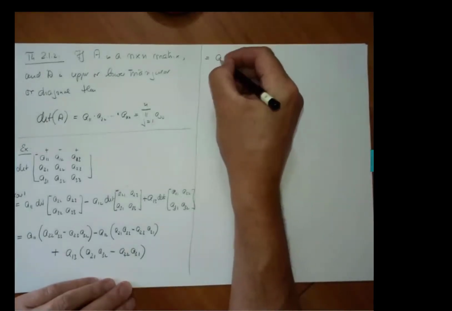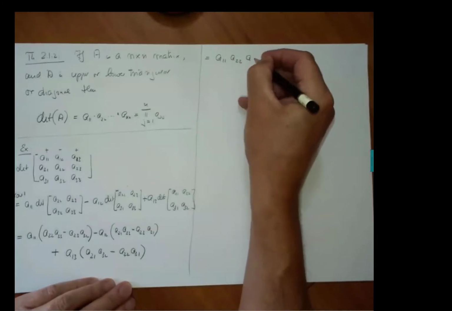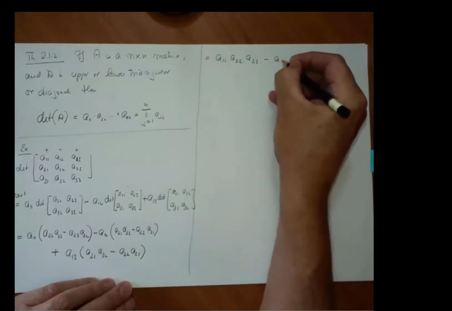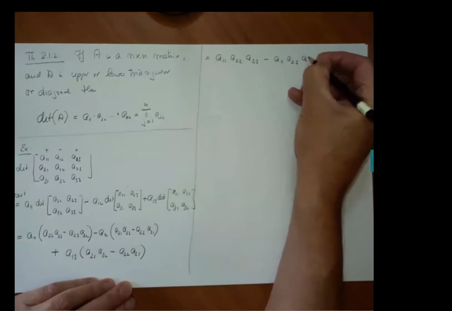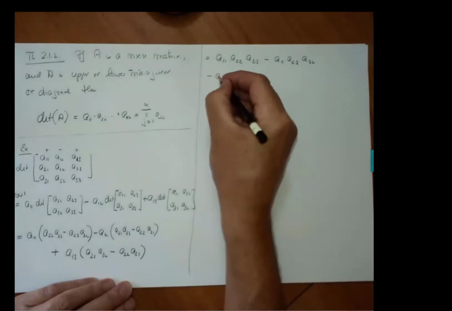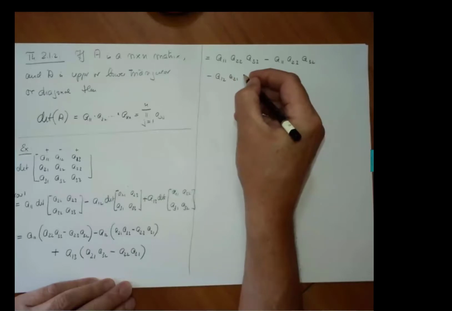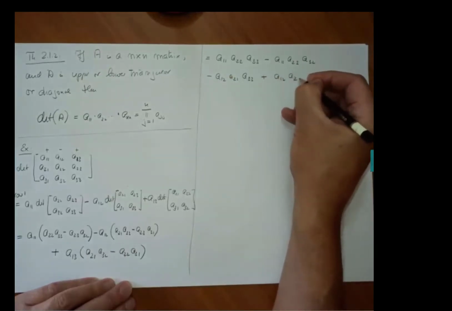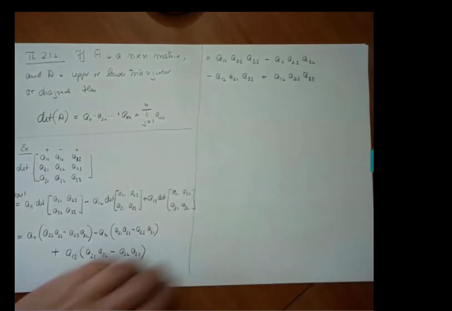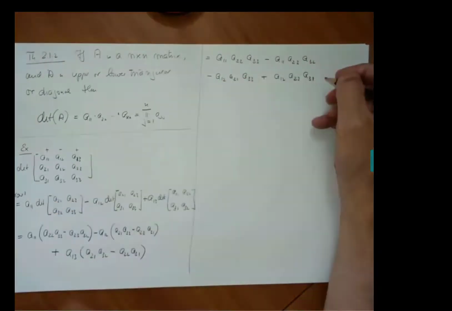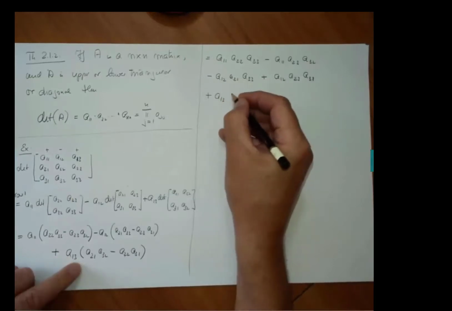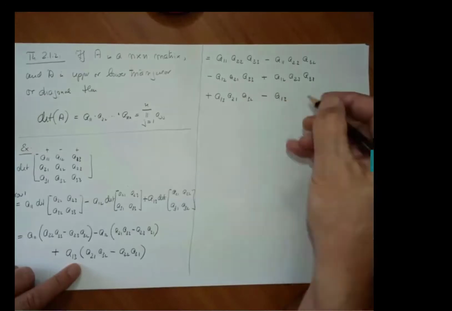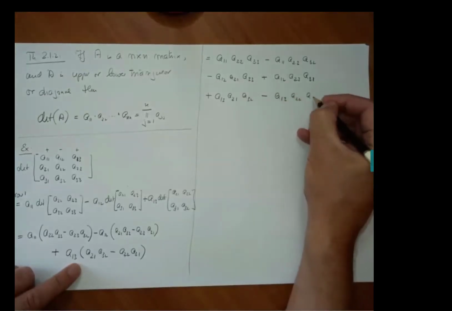We have A11 A22 A33, minus A11 A23 A32, minus A12 A21 A33, plus A12 A23 A31, plus A13 A21 A32, minus A13 A22 A31.